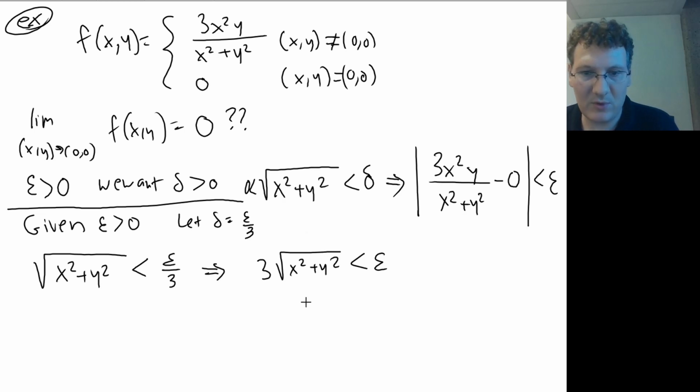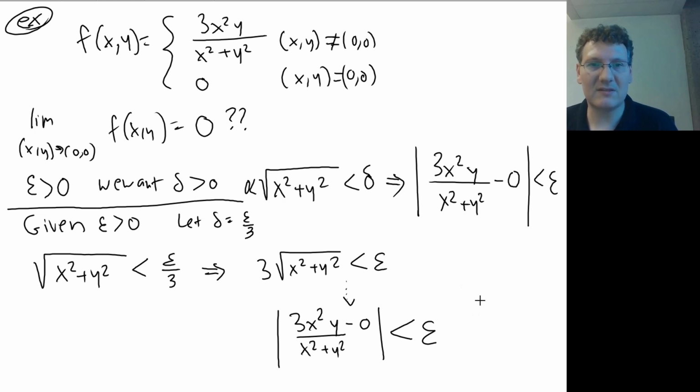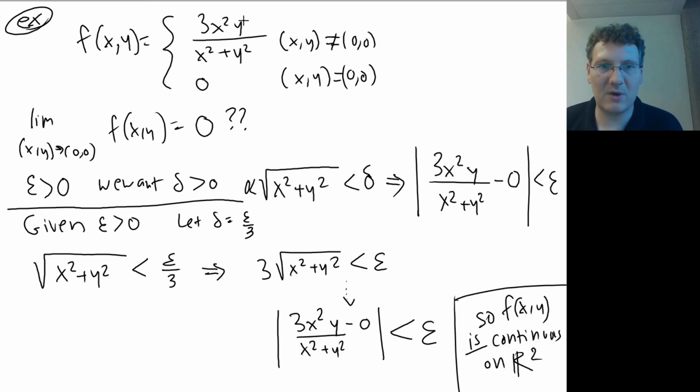And then we can build up that inequality to lead us to the fact that the absolute value of 3x squared y over x squared plus y squared, minus 0, is less than epsilon. So the limit indeed is 0. So this function is a continuous function everywhere on R2. That's our conclusion: f(x, y) is continuous on all of R2.